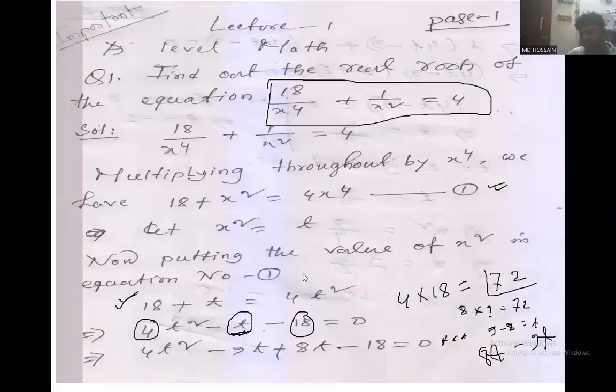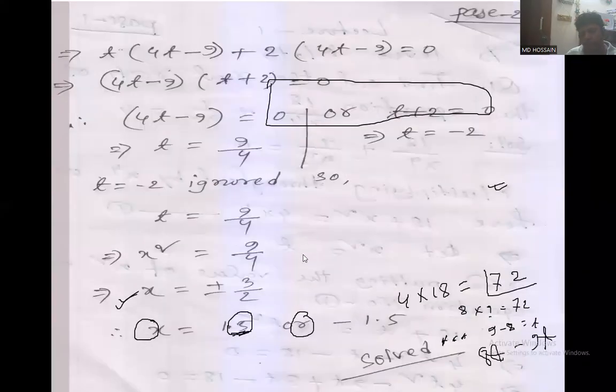Now, the second thing, that is the end part of the equation that we are learning. Now t equal to, see here, just take t common from the line, then 4t minus 9 and t plus 2 equal to 0.